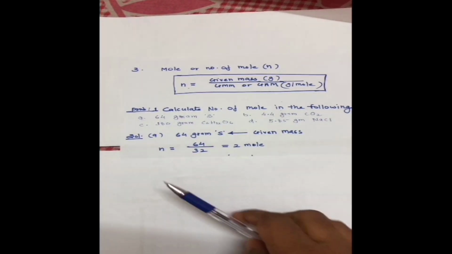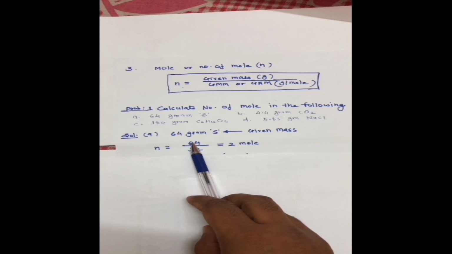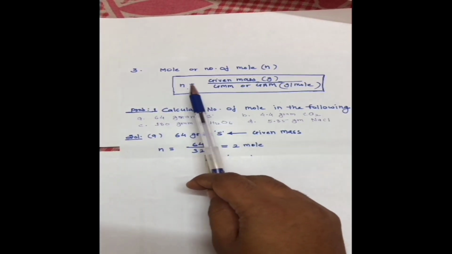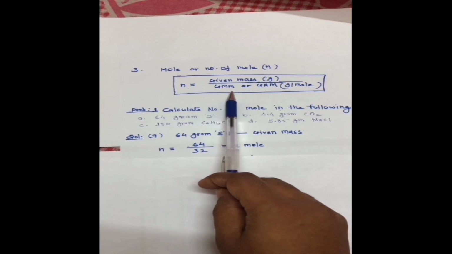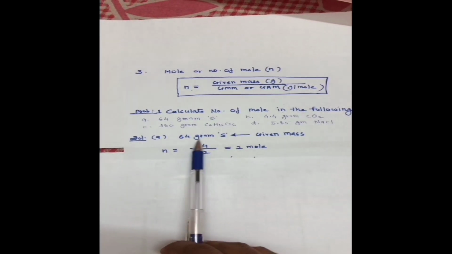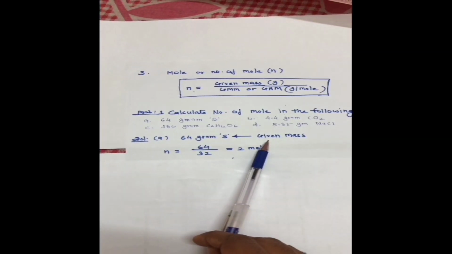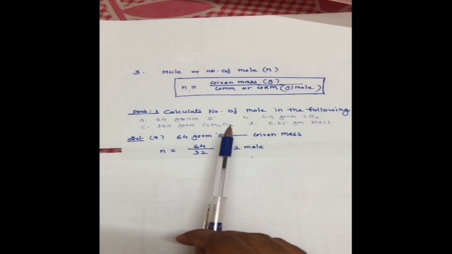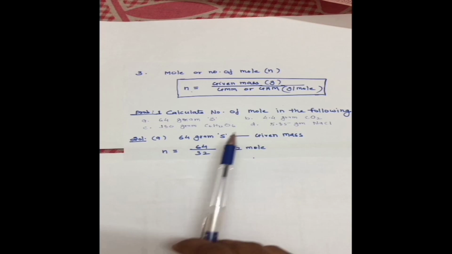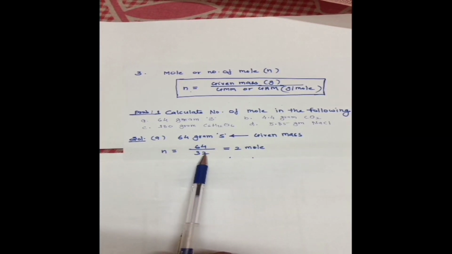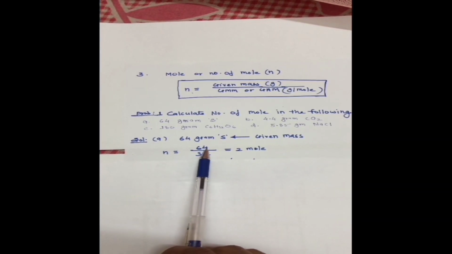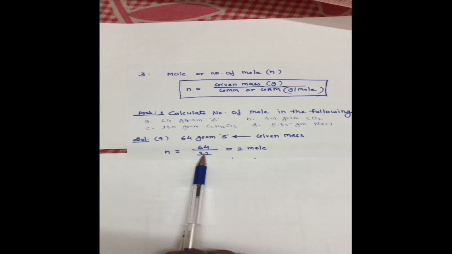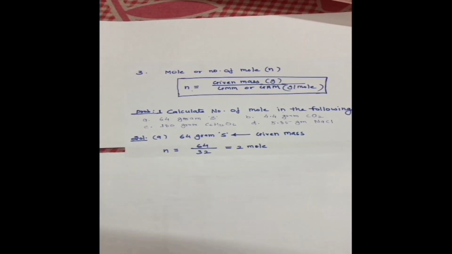Now see, we have 64 gram sulfur and we have the formula for mole calculation, given mass divided by GMM. So 64 gram is the given mass of sulfur and gram atomic mass of sulfur is 32. So we divide the given mass by gram atomic mass, that is 64 divided by 32, the answer is 2 mole.